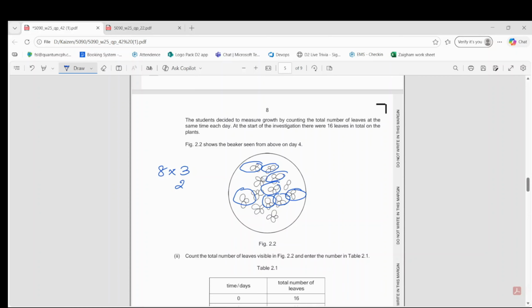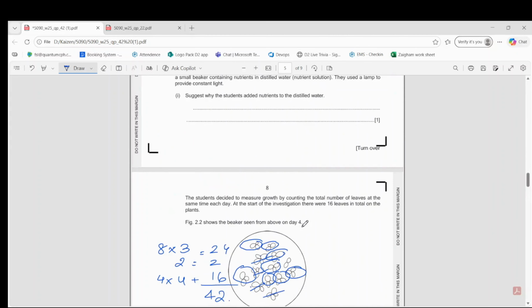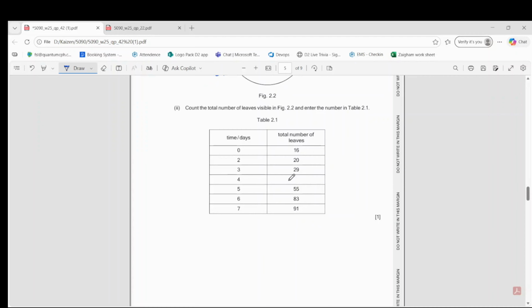Now calculate for 4: 1, 2, 3, and 4; 1, 2, 3, and 4. So 4 have 4, so it is 24 plus 2 plus 16. What would be your value? I guess it's 42. So there are a total of 42 leaves which you need to write here.